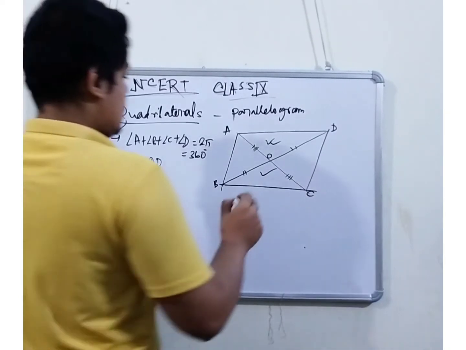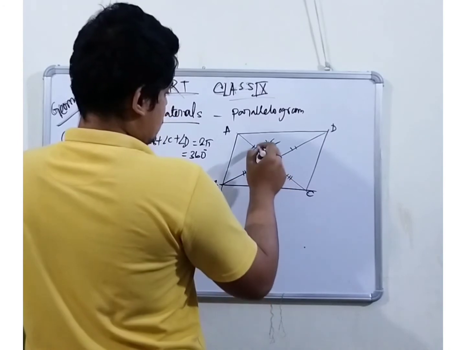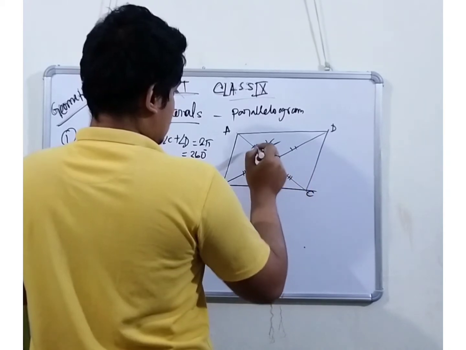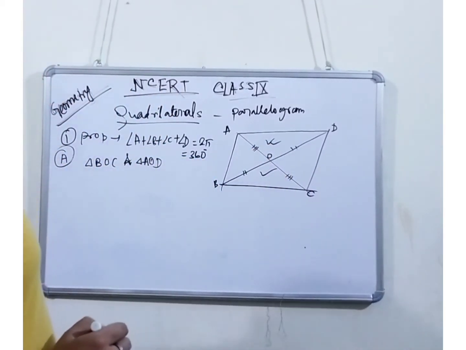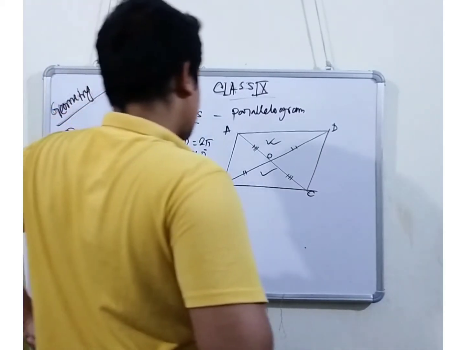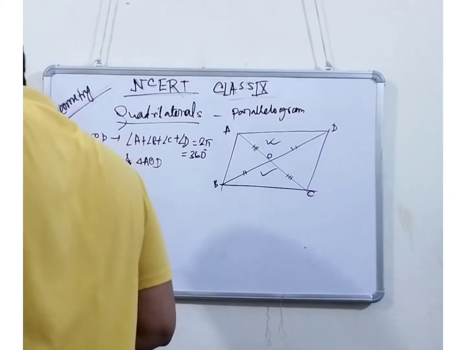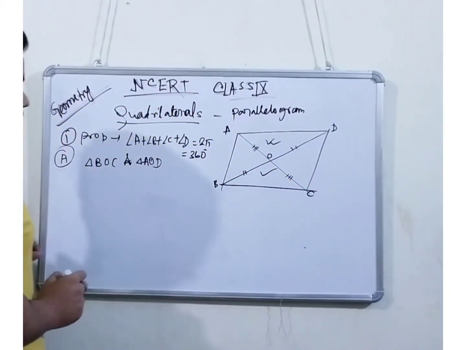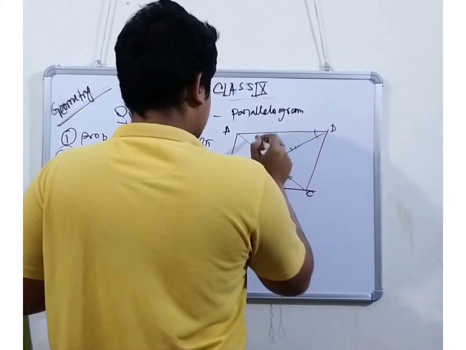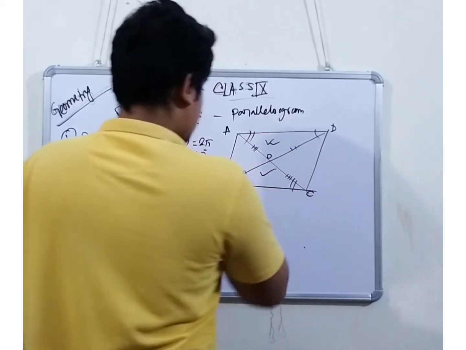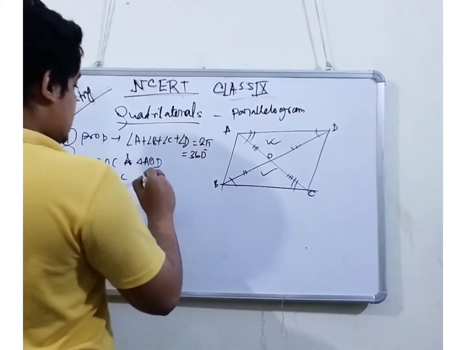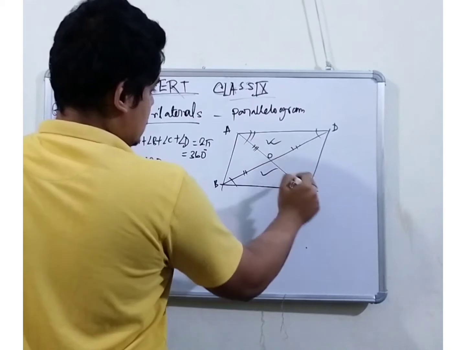Between these two triangles, these two sides are equal. AO is equal to OC.